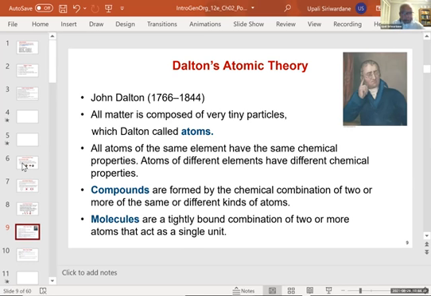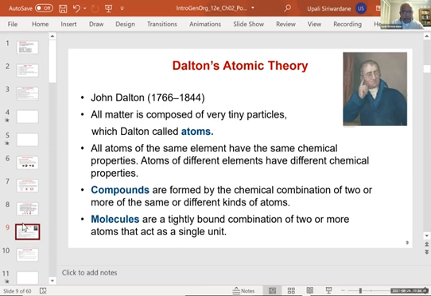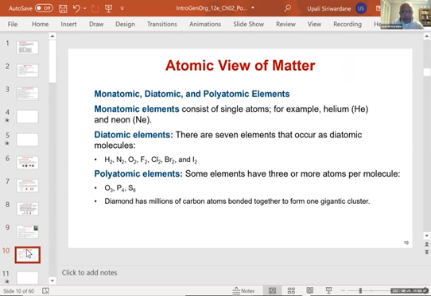So a molecule is a group of atoms bonded to each other. These postulates of Dalton's theory describe the atomic theory to explain the atomic view of matter.